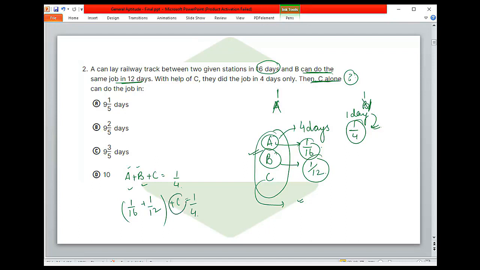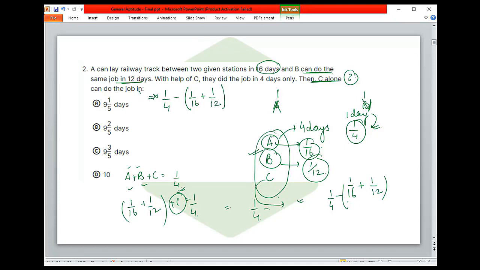So if I get C over here, I'll be getting how much work C does in a single day. So just solve this: 1 upon 4 minus, in brackets, 1 upon 16 plus 1 upon 12. Okay, let me write here.